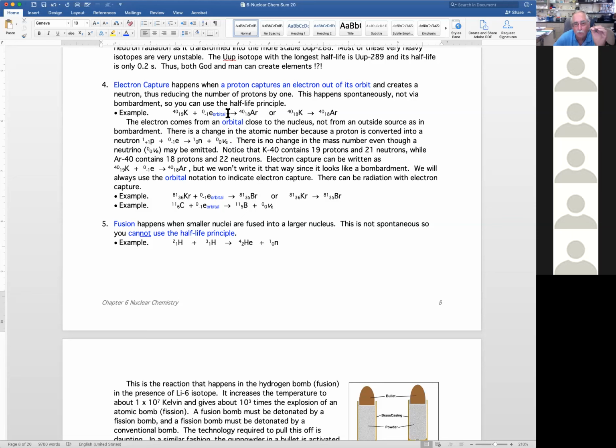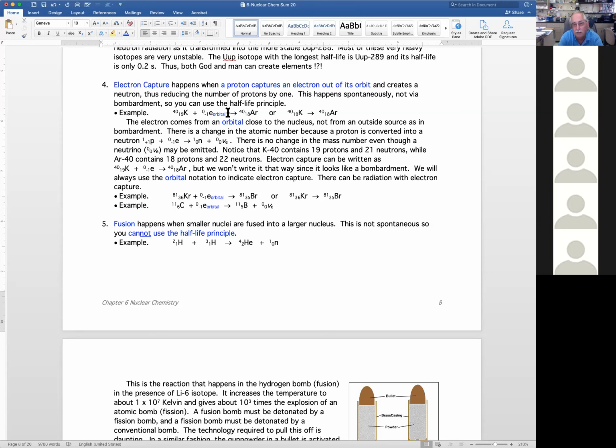But I put the word orbital there to try to make you realize that this is not somebody coming along and hitting potassium-40 with an electron. This is an electron that was already in the atom. So it's closest to the nucleus. And is it going to be attracted to the nucleus? Yes.